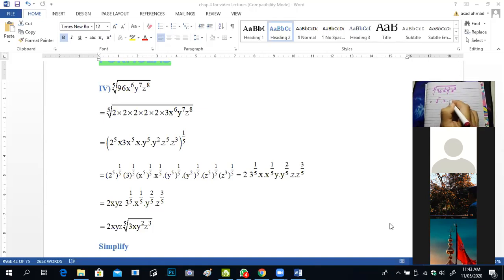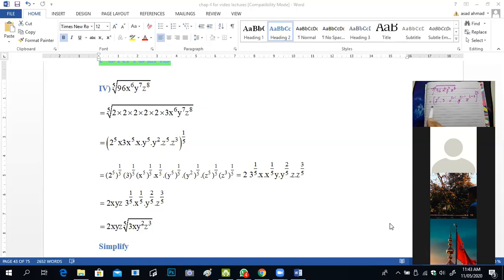And x raised to power 6 will be written as 5 plus 1, and y raised to power 7 will be written as 5 plus 2, and z raised to power 8 will be written as 5 plus 3. And I will keep all of these terms with exponents 1 by 5. Fine.